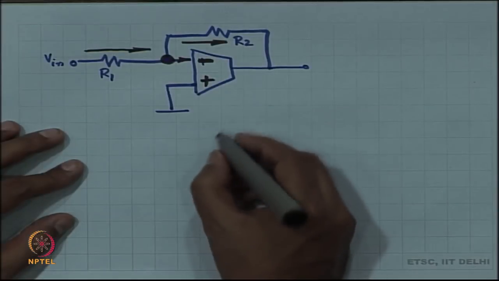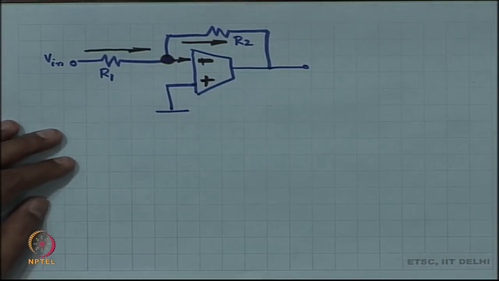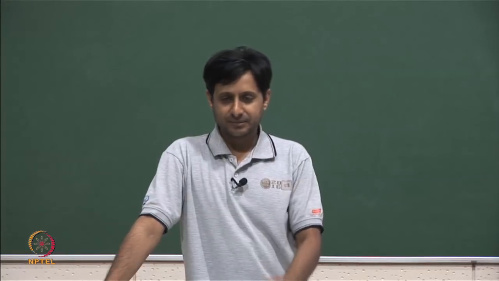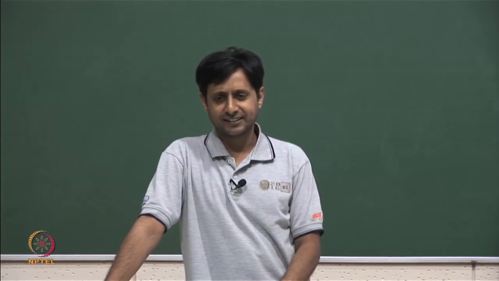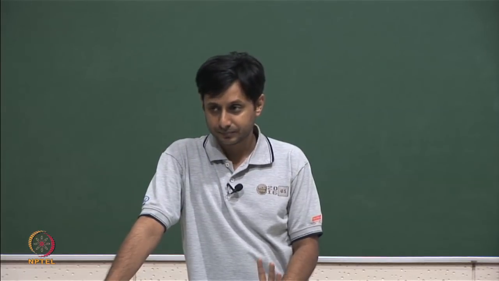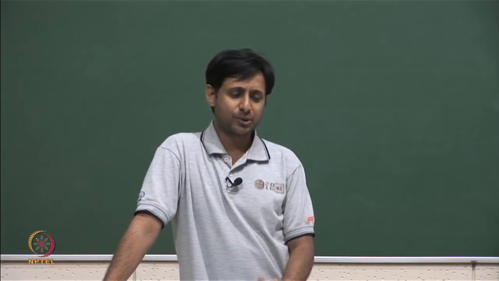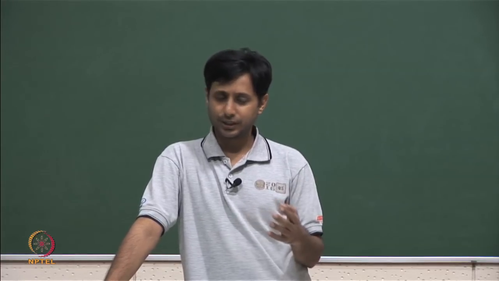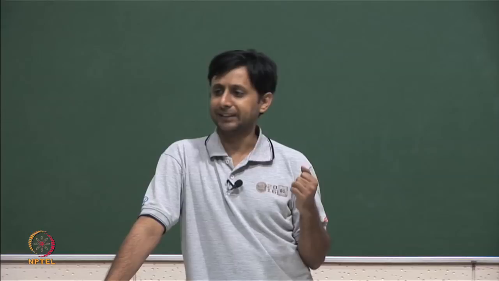So, the idea is this: if you think a long time back towards the first or second class, we had studied the load line. When we talked about diodes, when we talked about the MOSFET initially, we talked about the load line.